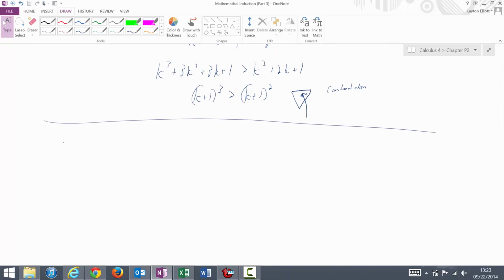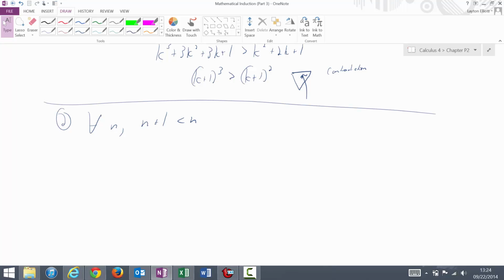Okay. Second example. This is a more simple example, but this kind of shows you how this works. For any n, we're going to say n plus 1 is less than n. This is interesting because if I start with a P of k condition, I can say that for n equals k, assume k plus 1 is less than k.